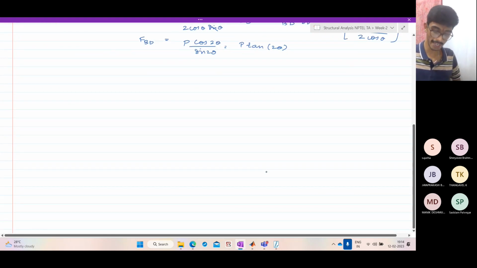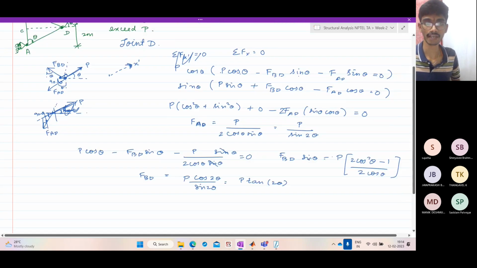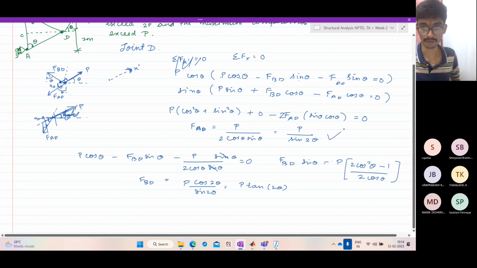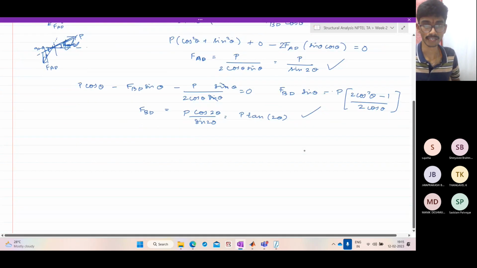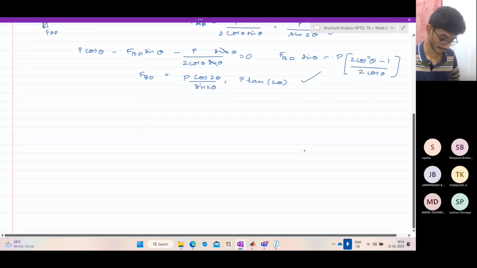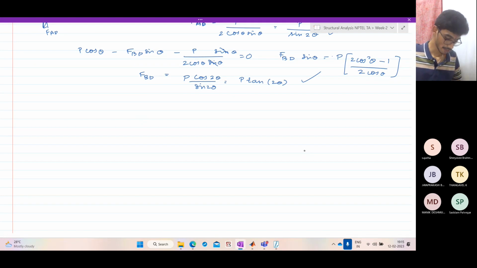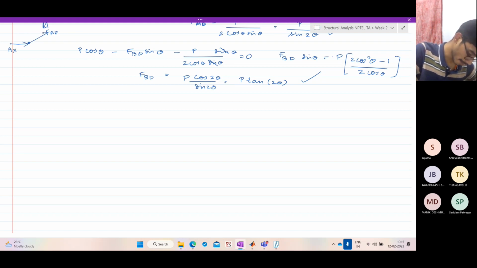So we got FAD as P by sin 2 theta, FBD as P tan 2 theta. Now what is left? We need to determine FBA. So if you go to joint A, at joint A, you have an unknown horizontal force AX, and you have a known, oh sorry, I'm writing it wrong.